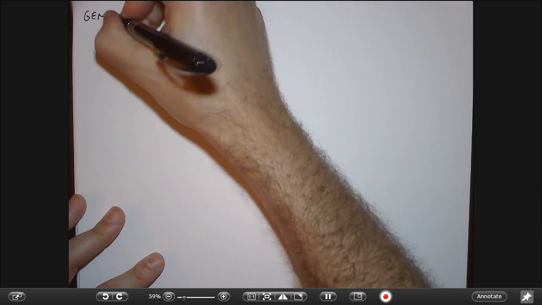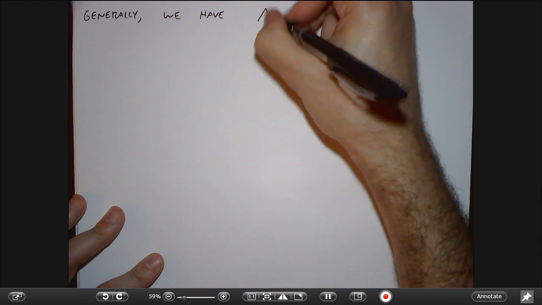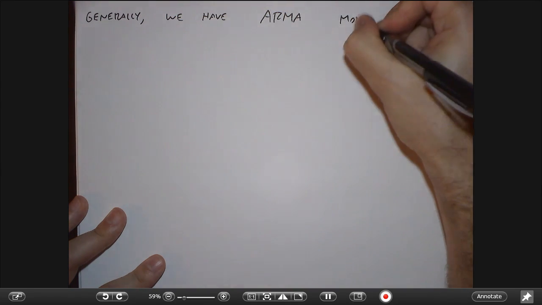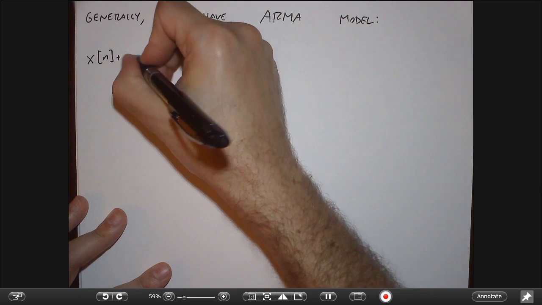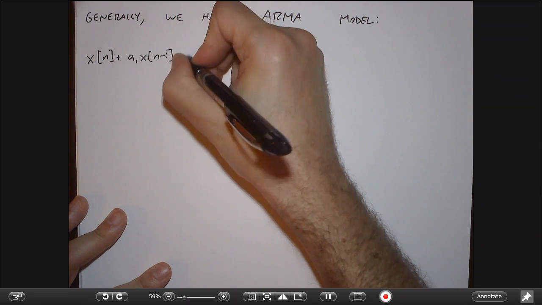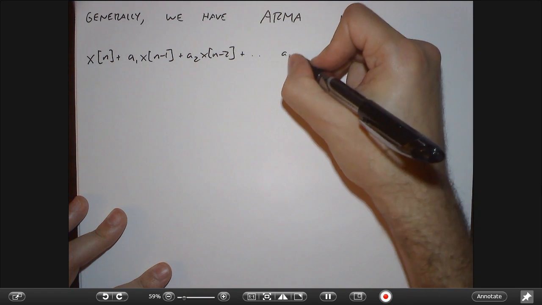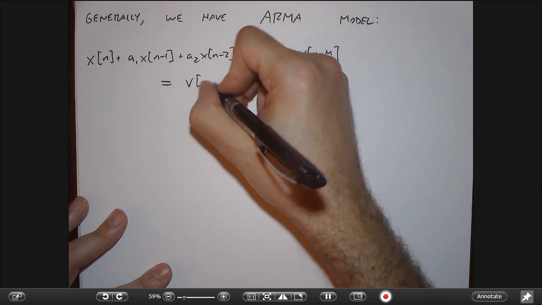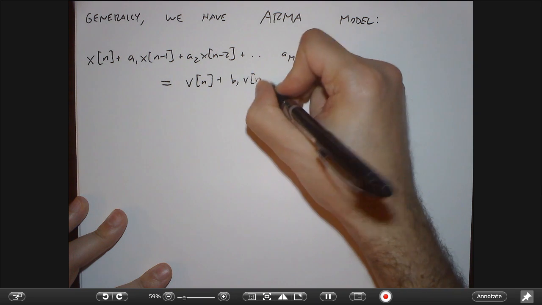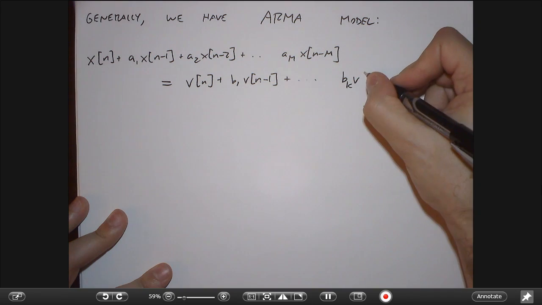In general, we have the ARMA model, and on the left-hand side I have the combination of a bunch of values of x, I guess I said m. On the right-hand side, I have the combination of a bunch of values of noise, I guess I said this was k.